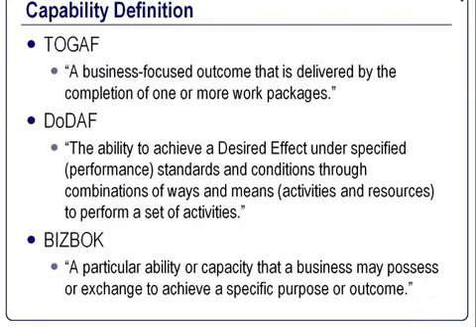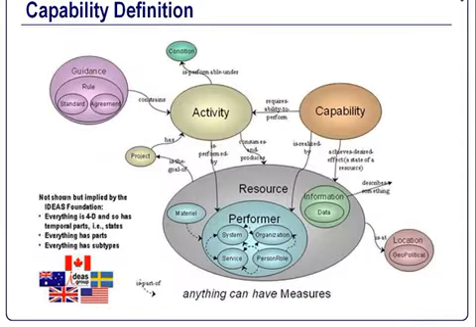For those of you that may or may not be familiar with DODAF, it uses a little bit more esoteric meta model language, but I think it is a pretty decent definition, although not necessarily one I'd share with a non-architect. BizBok from the Business Architecture Guild talks about a capability being a particular ability or capacity that a business may possess or exchange to achieve a specific purpose or outcome.